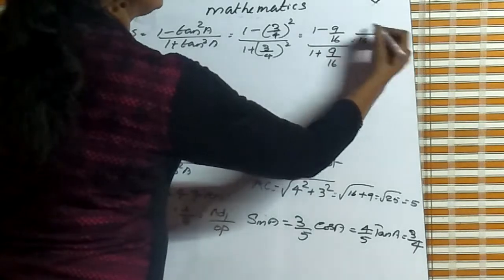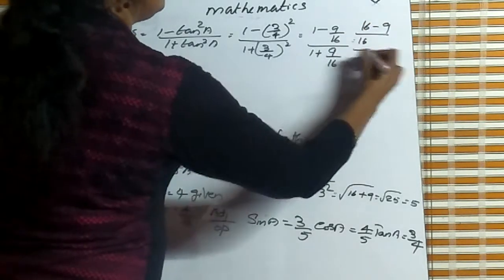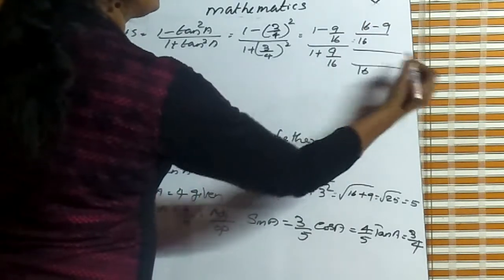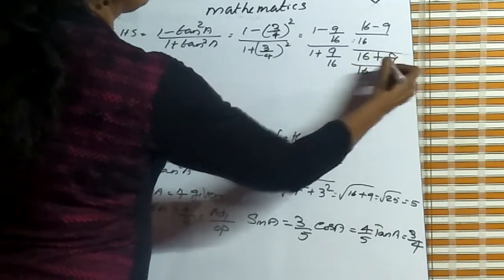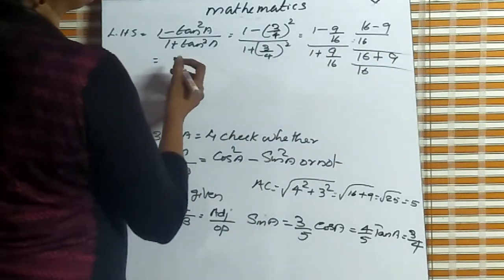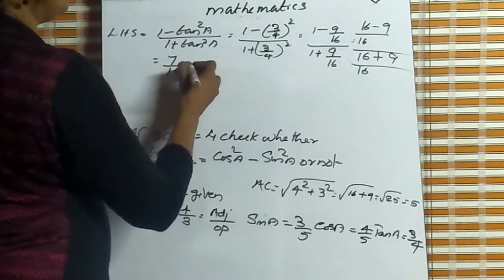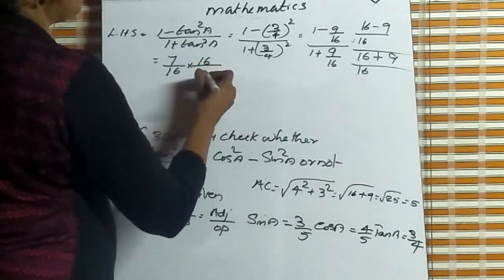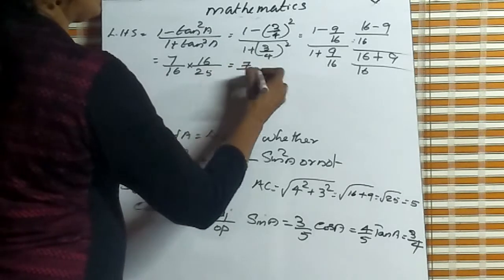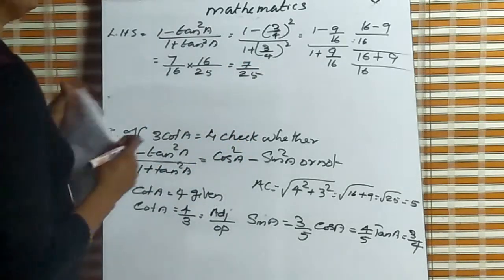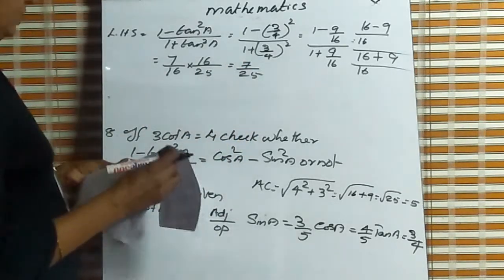Numerator LCM 16: 16 minus 9, denominator also LCM 16: 16 plus 9. That is 7 by 16 into 16 by 25, which is equal to 7 by 25. LHS is equal to 7 by 25.